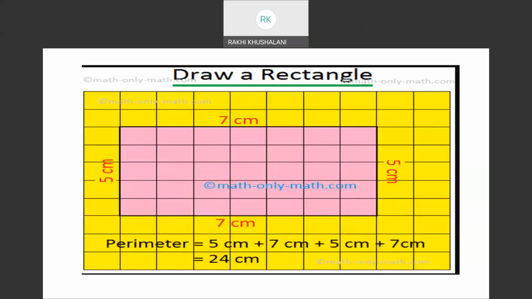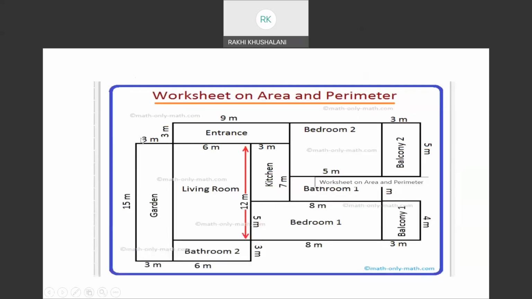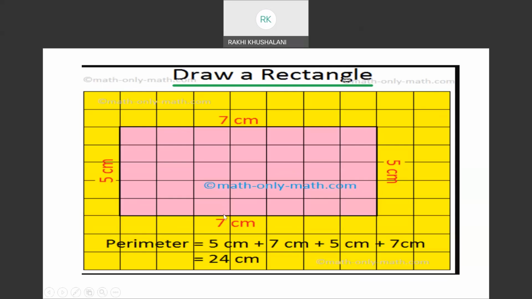Like an example given here, draw a rectangle. I have drawn a rectangle using 7 squares this side, 5 squares this side, 7 this side, and 5 this side. So perimeter is 5 plus 7 plus 5 plus 7 is 24 centimeter.